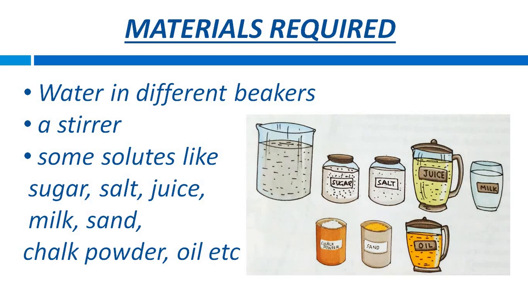You need a stirrer, or in place of a stirrer, you can use a spoon. You need some solutes like sugar, salt, juice, milk, chalk powder, oil, etc. So children, these things are all easily available at your home. See the procedure and try to do this experiment.